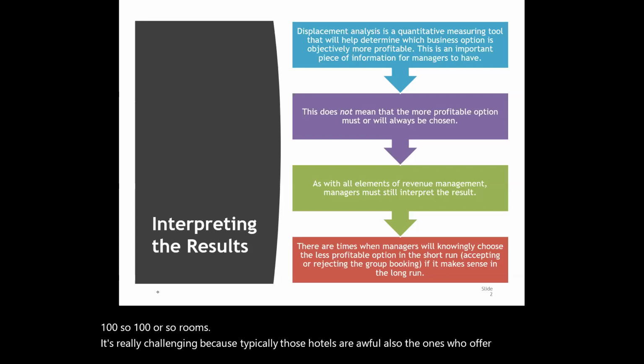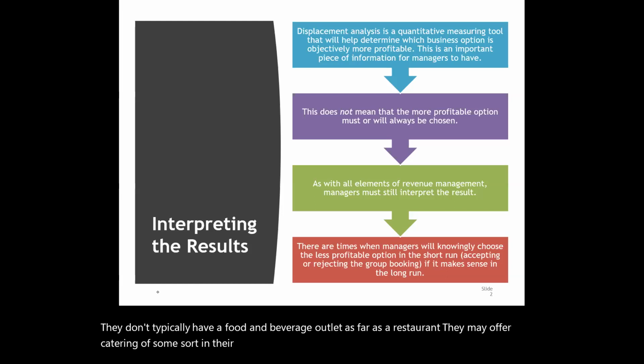They don't typically have a food and beverage outlet as far as a restaurant. They may offer catering of some sort in their meeting space, but it might be off-premise catering and things like that. So they're bringing that food in.